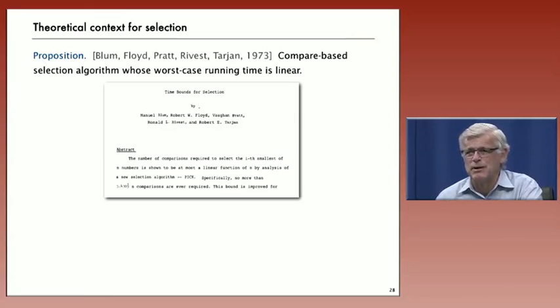And in 1973, there's a famous paper that found a compare-based selection algorithm that guarantees to solve the problem in linear time. This was a real landmark in the theory of algorithms because for a long time it was not known. We knew we could have the average case be linear time, but could we find a worst case?